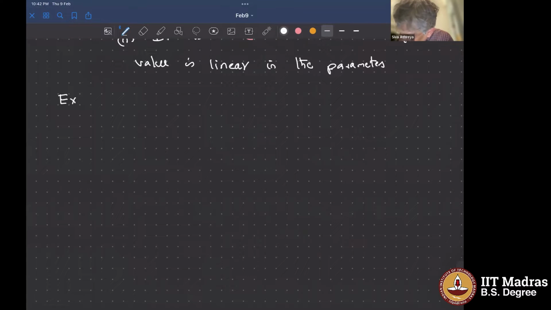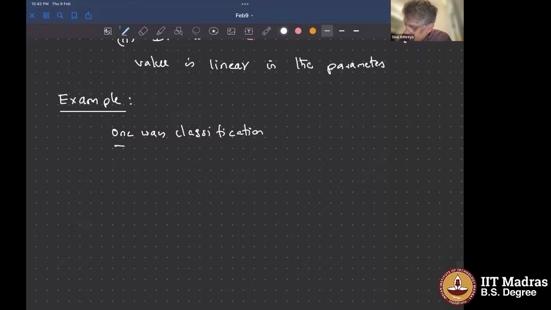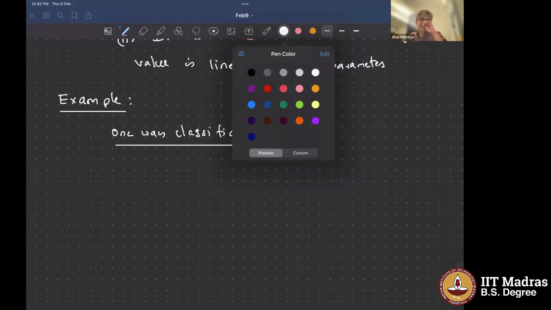One example we already saw in the beginning of this week's class is the one-way classification model. In this model, the particular beta_i's and the x_i's form a certain collection.